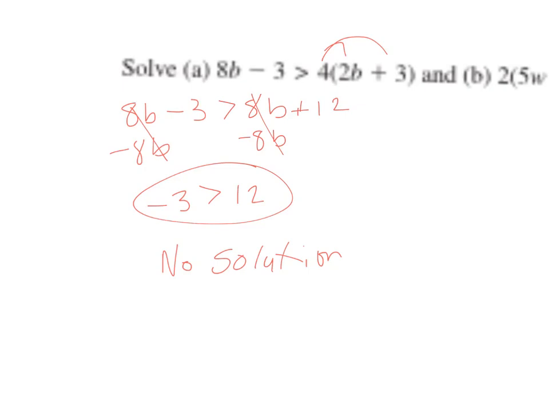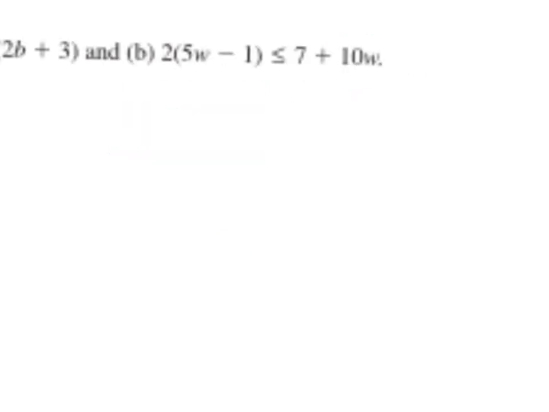Let's take a look at letter B. This one looks very similar to A in that we have to distribute first, and then we'll get the W's on the same side. So let's start with distributing. 2 times 5W is 10W. 2 times negative 1 is negative 2. Less than or equal to 7 plus 10W.